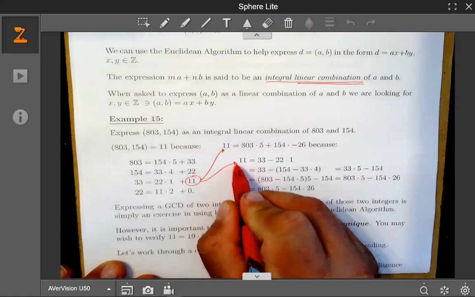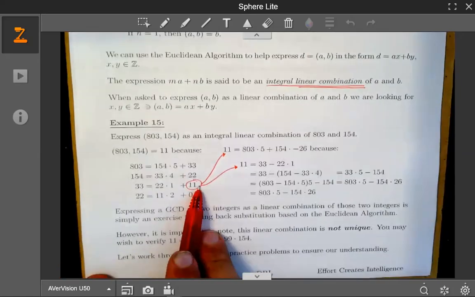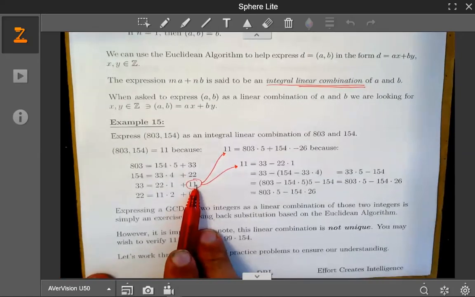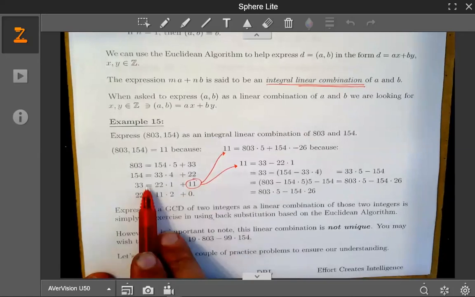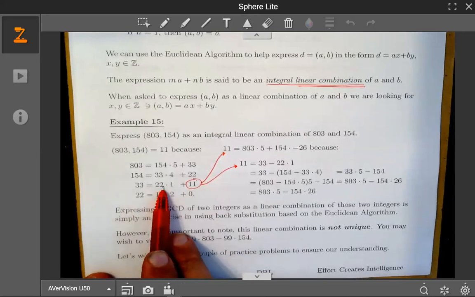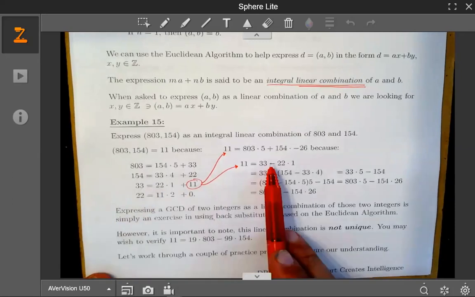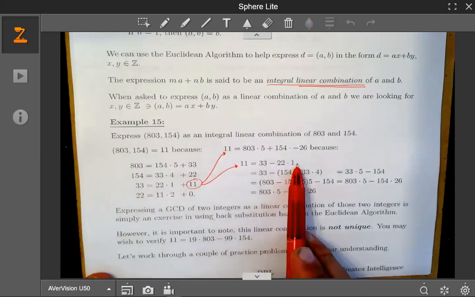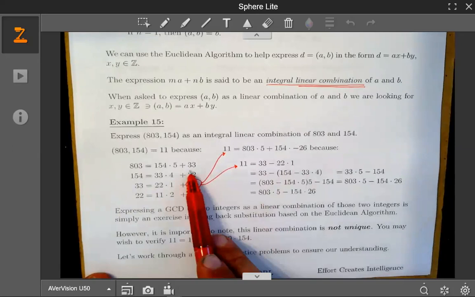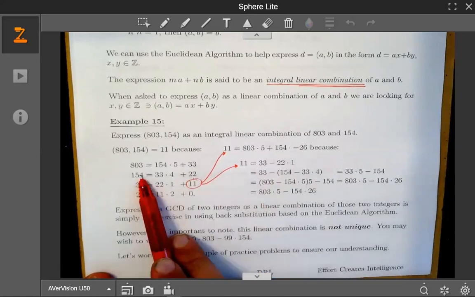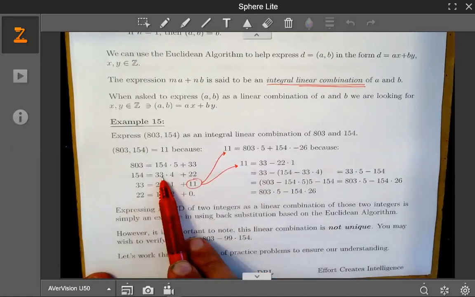Why? From this step right here, we're going to do back substitution. What does 11 equal? 11 is going to be 33 minus 22 times 1. But what does 22 equal? 22 is 154 minus 33 times 4.